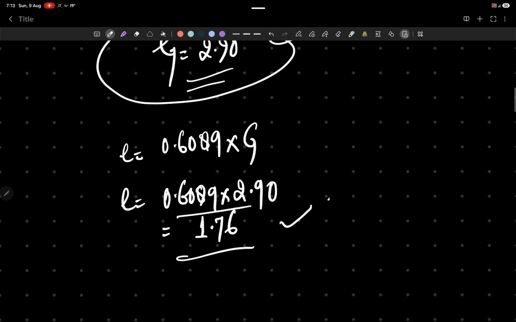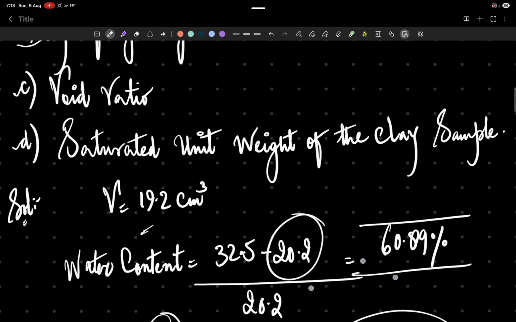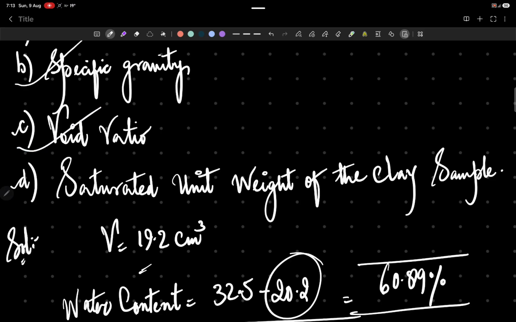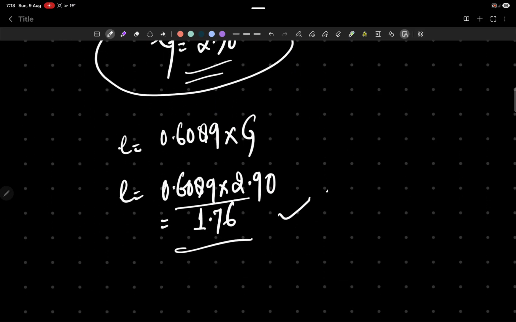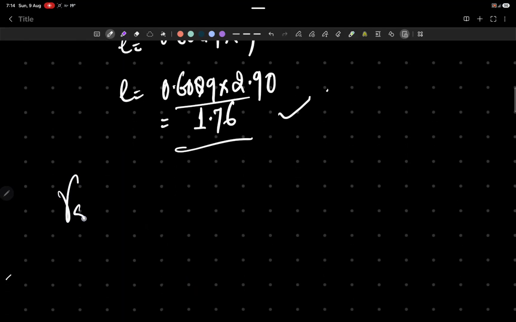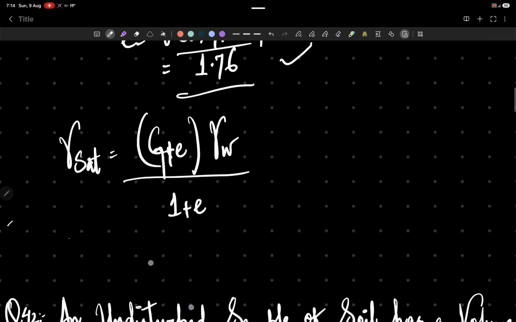All right. The last thing that the question asks us to find is the saturated unit weight of this clay sample. Saturated unit weight, using the generalized equation (G plus E) divided by 1 plus E. So saturated unit weight is equal to G is how much? 2.90.